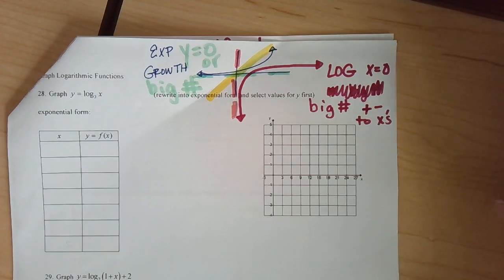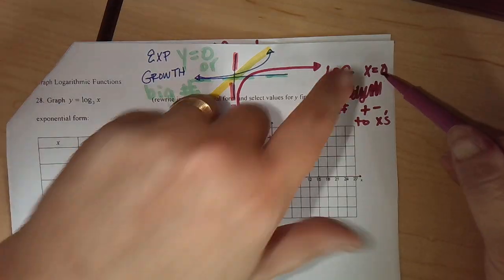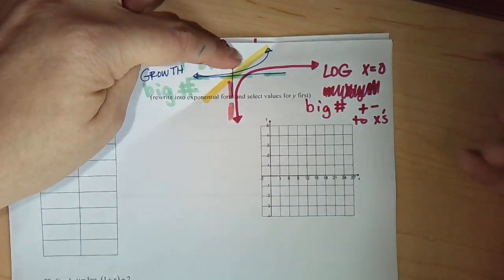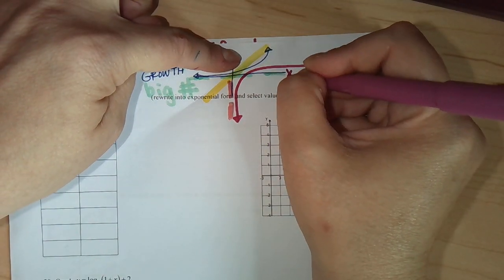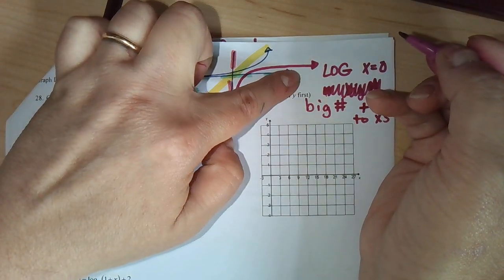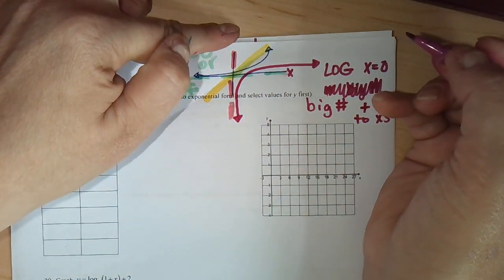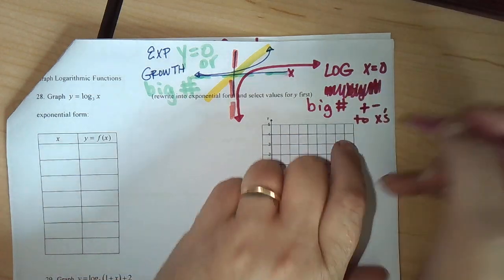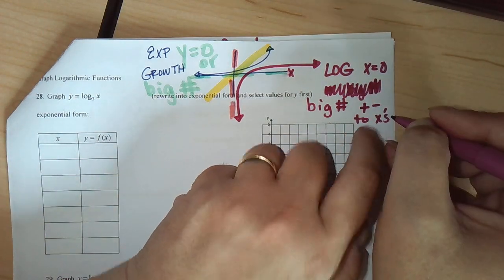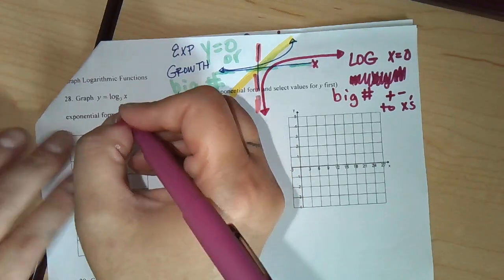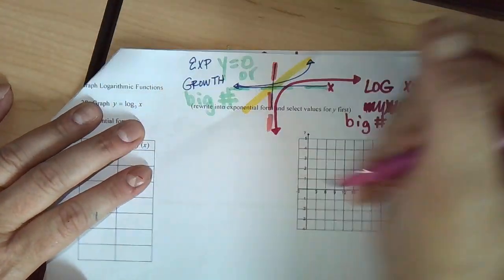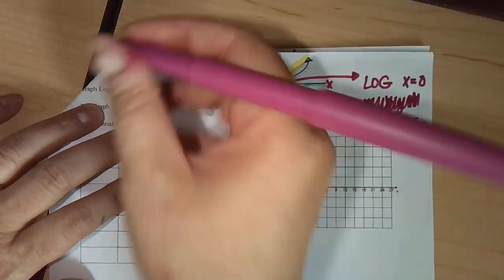So, usually our asymptote is x equals 0. It goes through the x line. See how this side-to-side line is x? The asymptote goes through that x line, so it's usually x equals 0, unless you have something being added or subtracted to your x's. Well, let's look at 28. What do I have with my x? Nothing.